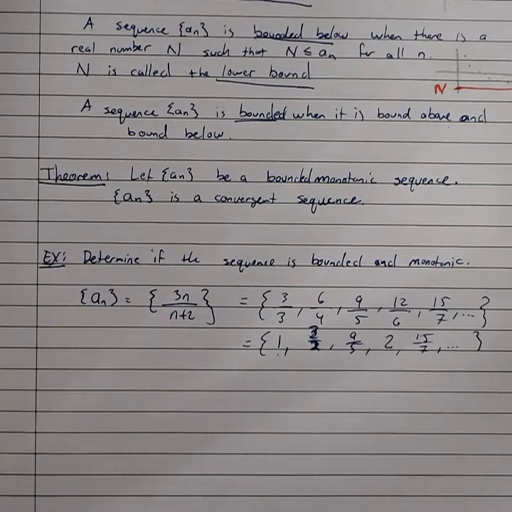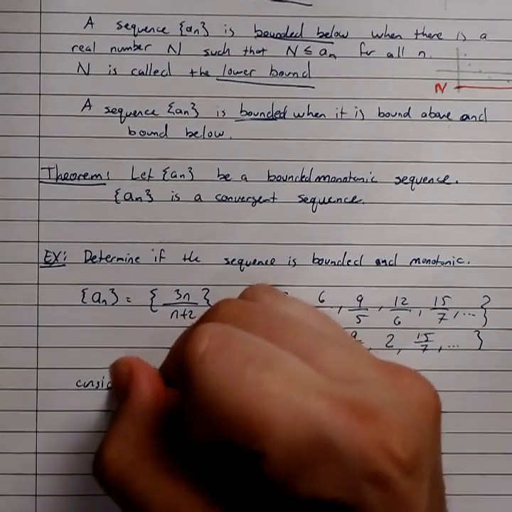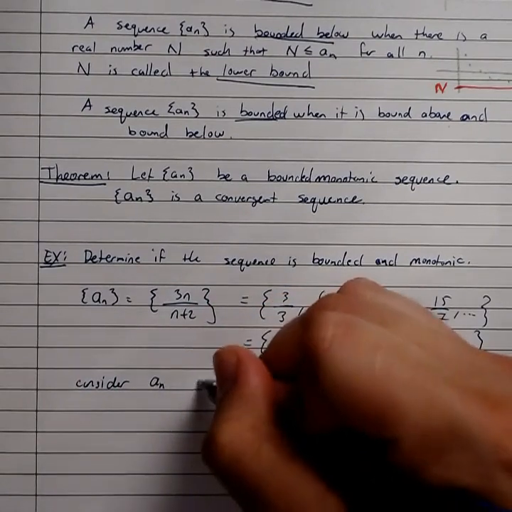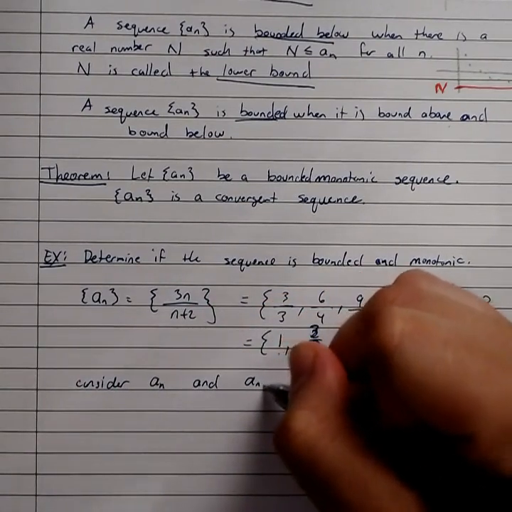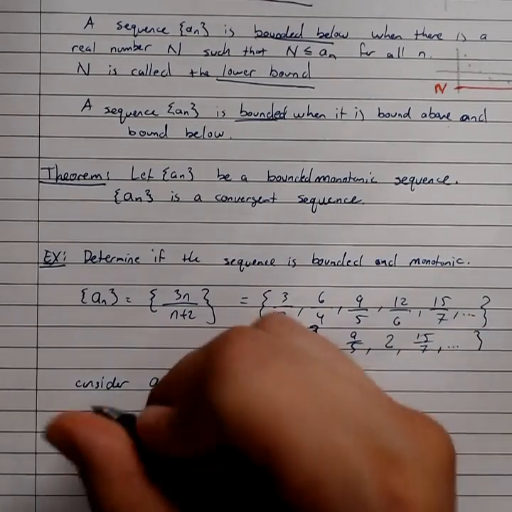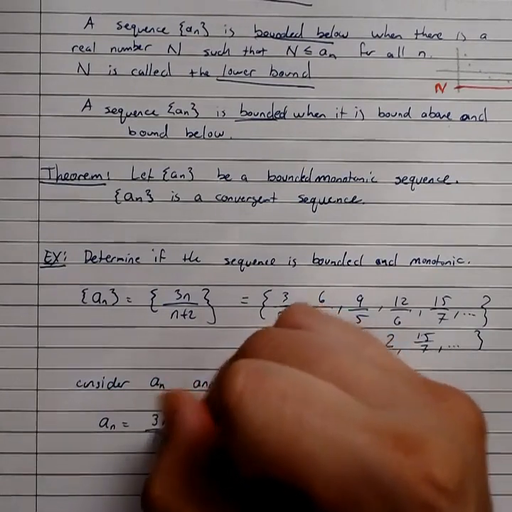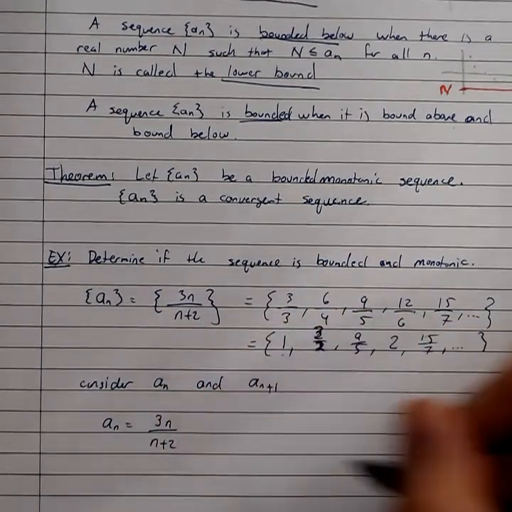So what we want to do is just consider two different terms. Let's consider the nth term and the n plus first term. Consider a sub n and a sub n plus 1. That's the nth term, which is going to be 3n over n plus 2.